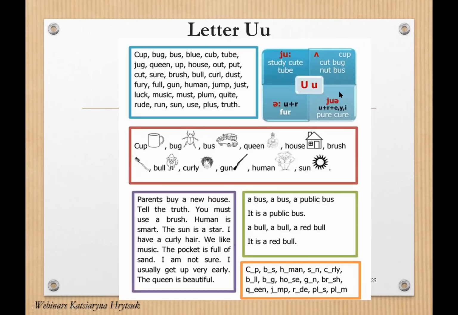Next one, letter U. So letter U in a closed syllable gives sound A. Cup, cat, bag, not coop, how you like to read, no. Open syllable, it's U, but there are some exceptions: study, it's an exception here. Cute, tube.